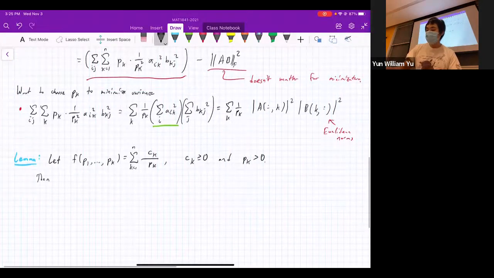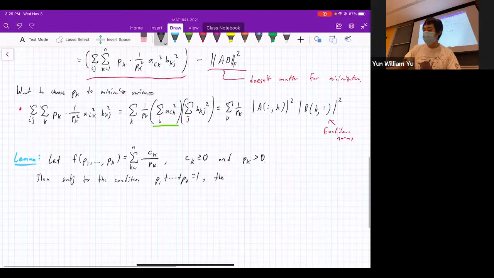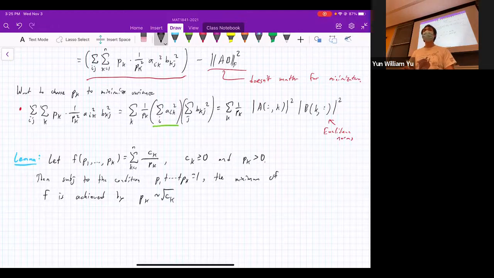When subject to the condition that the sum of all the p1 through pn is equal to 1, then the minimum of f is achieved by pk proportional to root of ck.